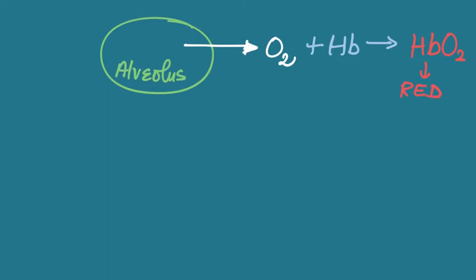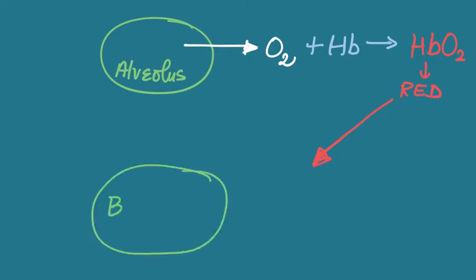Now this oxyhemoglobin travels in the bloodstream to the body cells. In the body cell, the hemoglobin releases the oxygen, so it becomes blue again, and the oxygen is released into the body cell to help with cellular respiration.